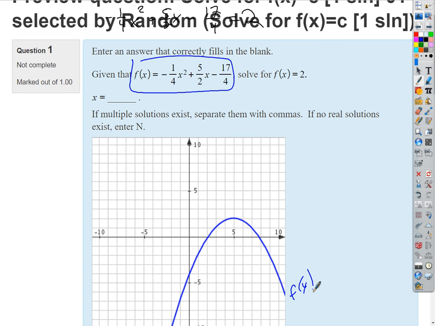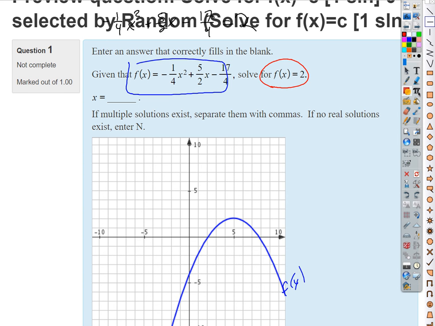They want to know when is f of x equal to 2. There's a really easy way to do this. If I want to know when the blue graph has a value of 2, I could just graph the equation y equals 2, which is a horizontal line at 2, isn't it? See if you can tell me, based on this graph, what the solutions are.